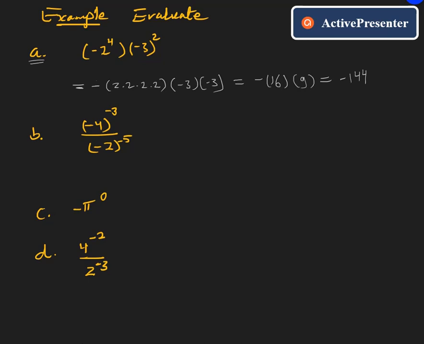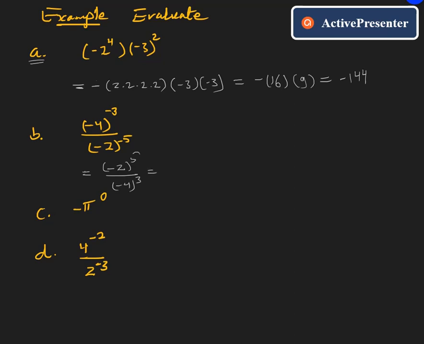The second question, minus 4 to the power minus 3 over minus 2 to the power minus 5. This equals minus, of course, what we will do right now, since it is negative, the whole expression will go down with a positive 3, and this is negative, will go up with a positive 5. So this is equal to minus 2 to the power 5 over minus 4 to the power 3.